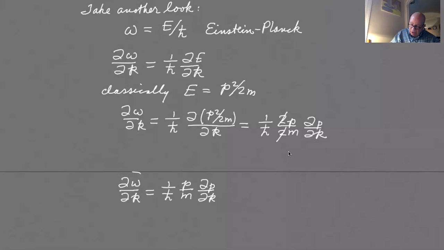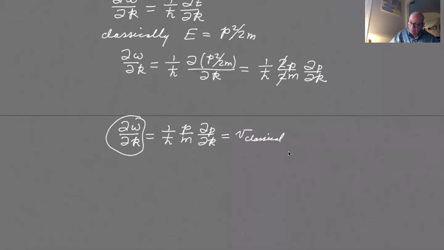But we already demonstrated from above that this is equal to v classical, the classical velocity of the particle, which is p over m.